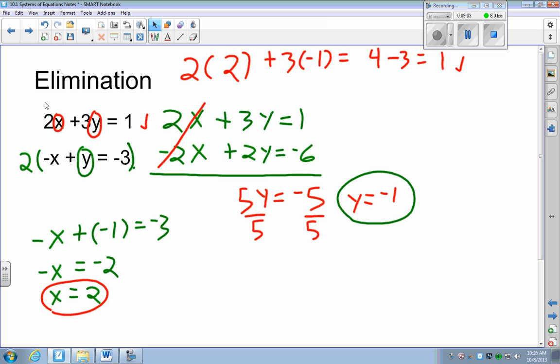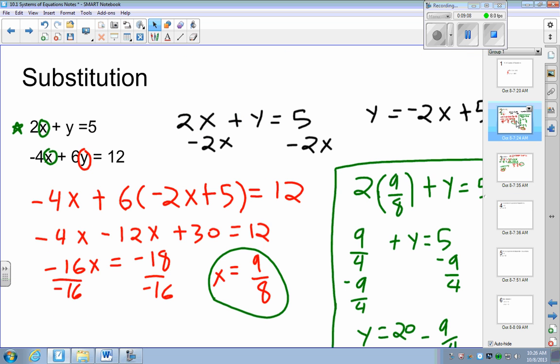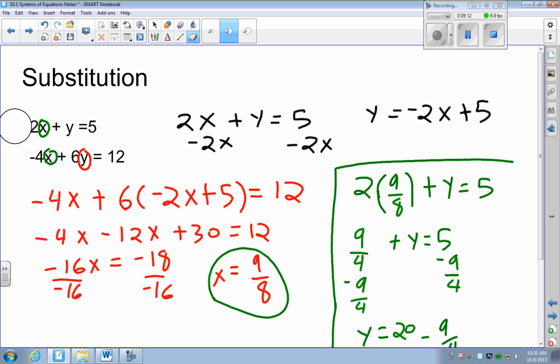Anyways, elimination ends up being the preferred method of choice. And if we go back to this one, all we had to do here was just multiply this guy by negative 2 and do elimination. However, there are times when using substitution would be beneficial, like when you get equations where it's just x plus y is equal to 5.